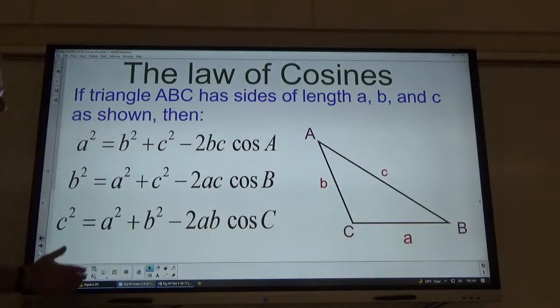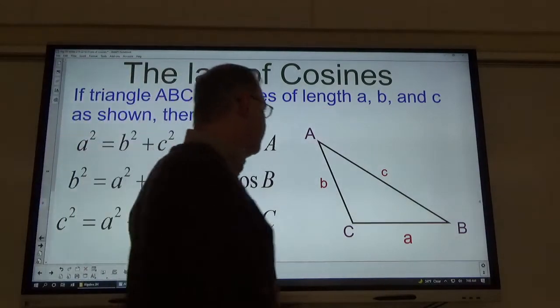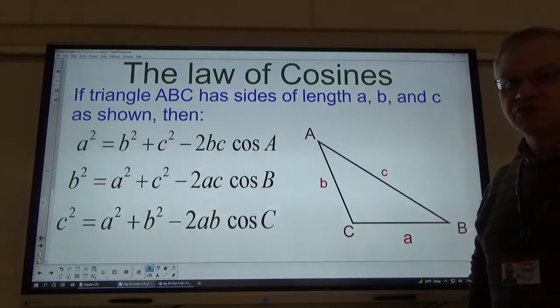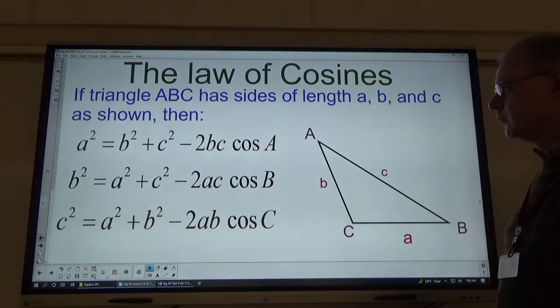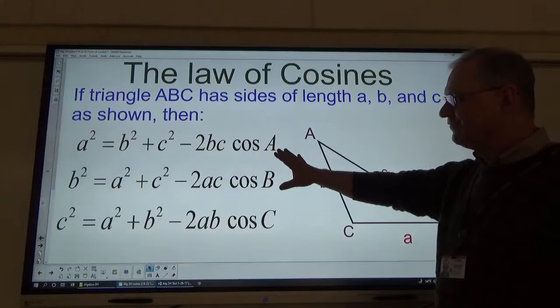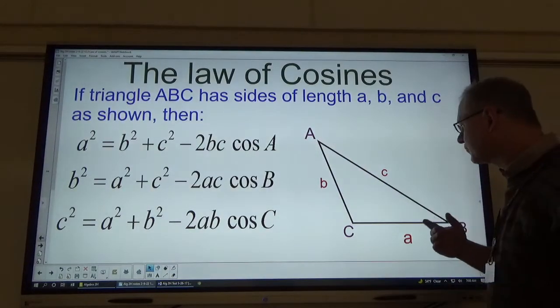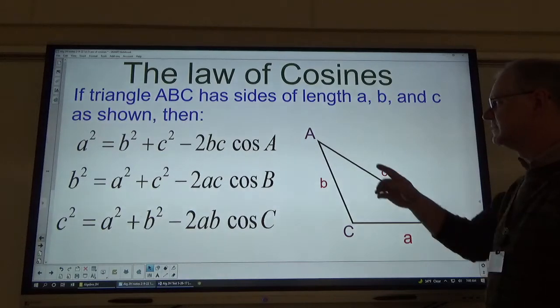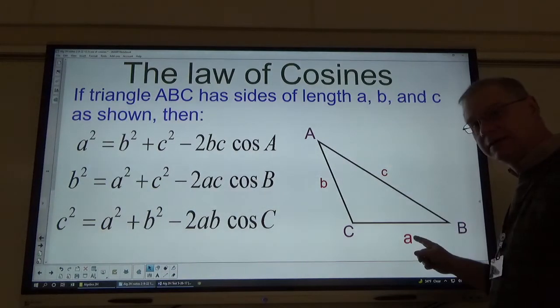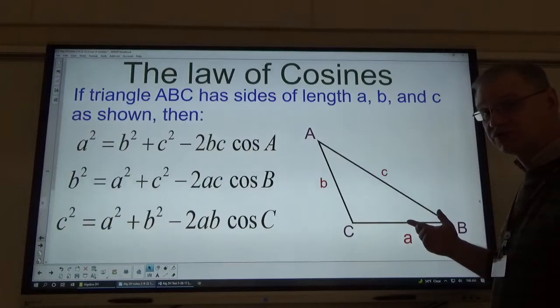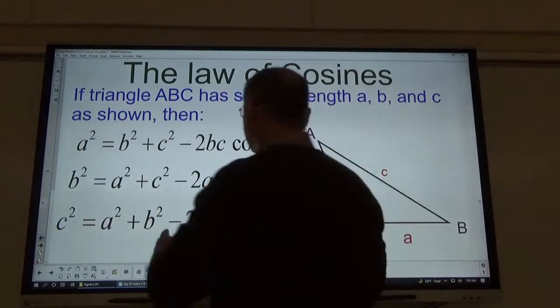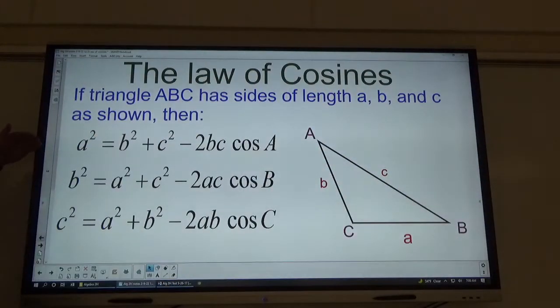Now, all of these are very straightforward and fairly easy to do. Whenever you're working with this, you don't have to have these exact letters in here. If you're trying to find angle A or side a, let's say that's the one you're trying to find, then you're going to use this first equation, but as I said, it doesn't really matter which side or angles you're working with.